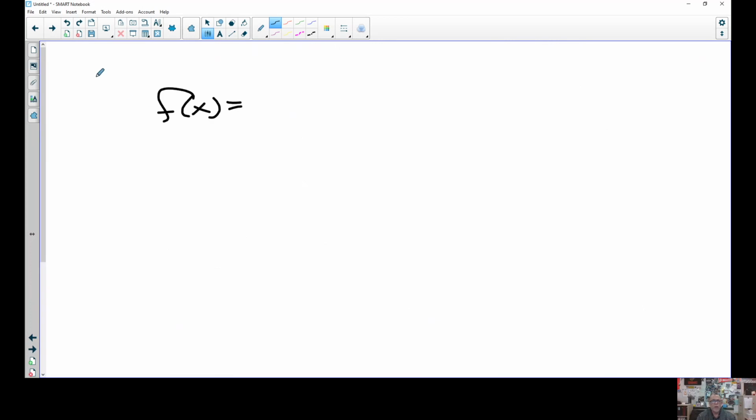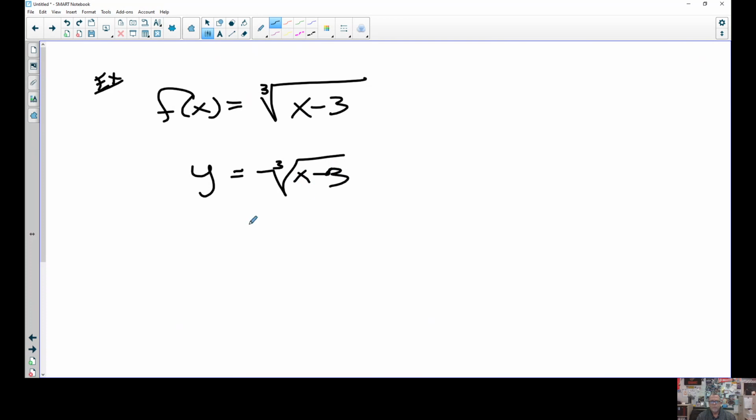Next question. Let's try the same thing again. Find the inverse. State whether it is a function. Let's do this one. Again, follow that process. The cube root of x minus 3.